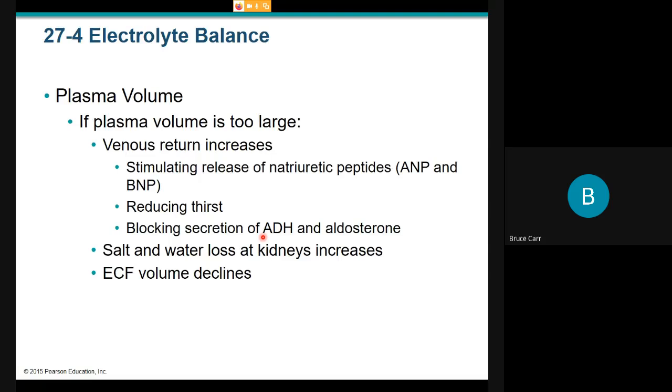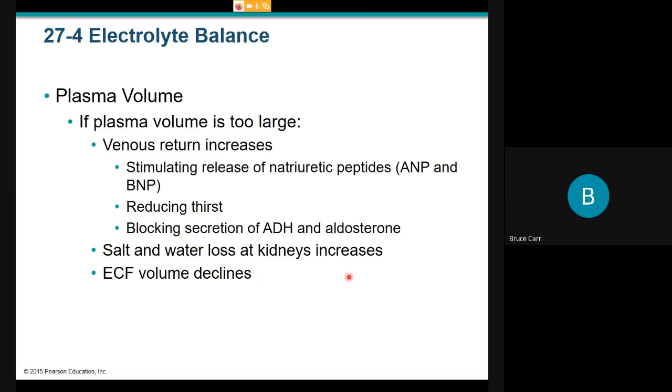Plasma volume affects, of course, this entire system. So sodium is the main osmotic regulator of extracellular fluid. That venous return, if the volume of the plasma goes up, stimulates the release of ANP and BNP, reduces thirst, increases the passing of water, bringing that volume back down.